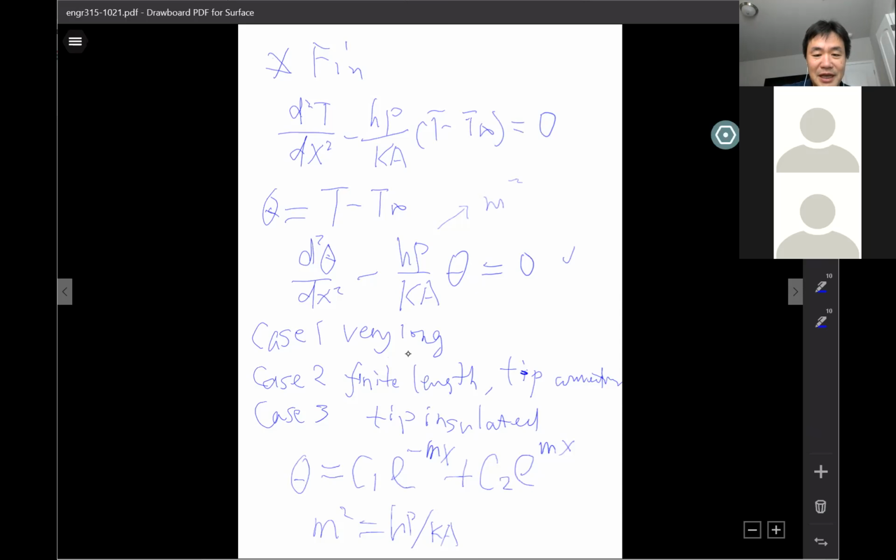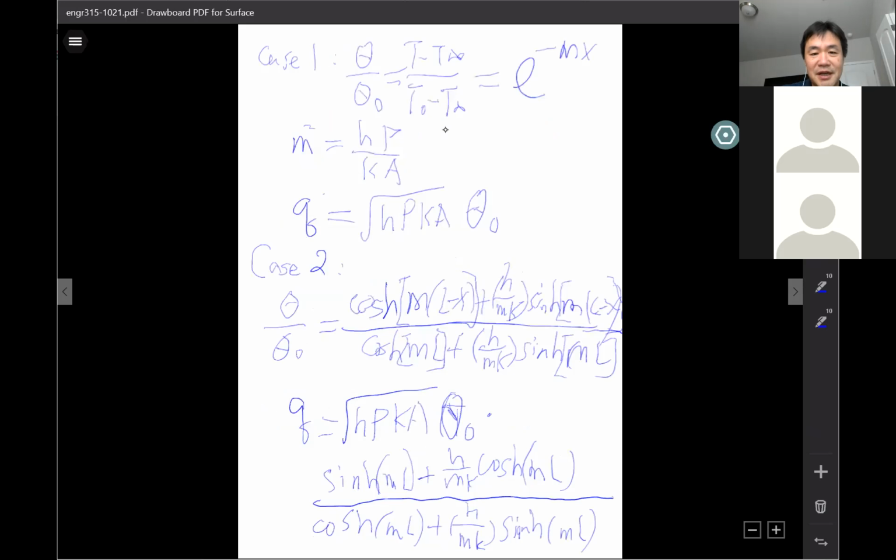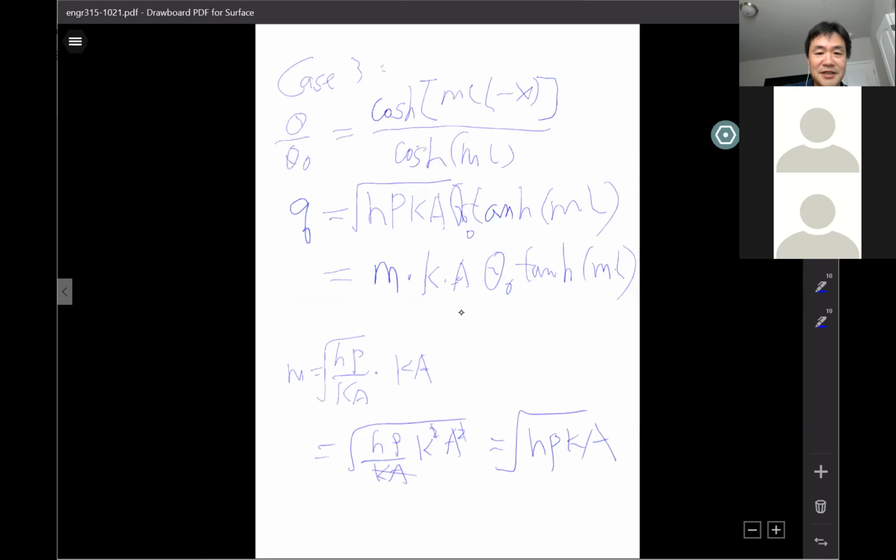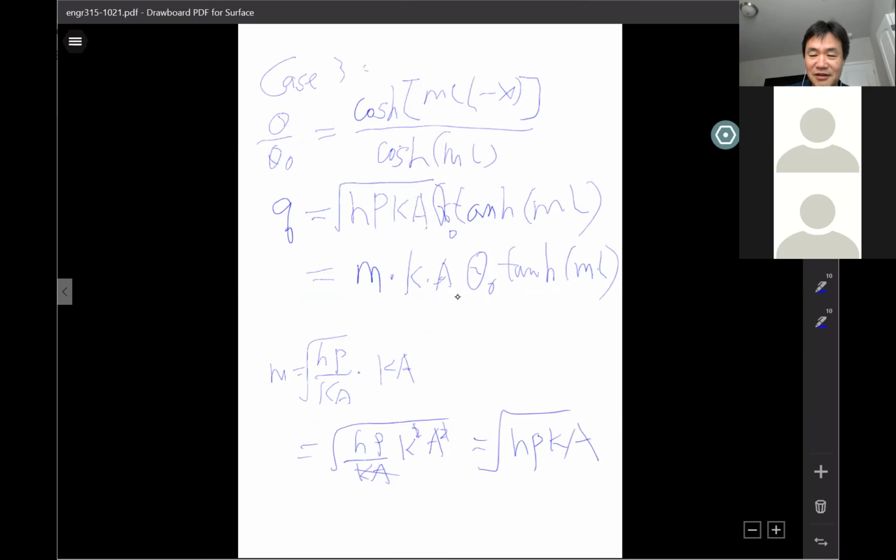Based on the 3 types of boundary condition, we have 3 sets of results for the temperature and the total heat transfer. So that's the entire picture. I just want to make it simple for you. That's my teaching philosophy: no matter how long the textbook writes, I want to condense it into a simple way for you to memorize during the class. I hope you can do that.